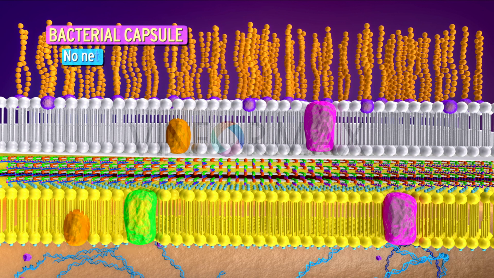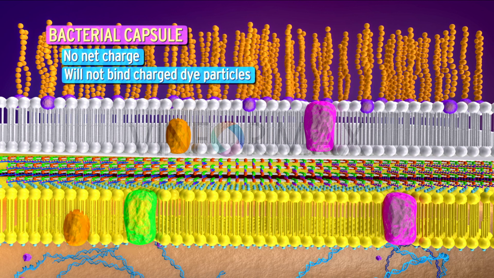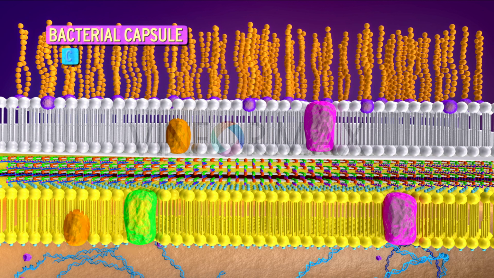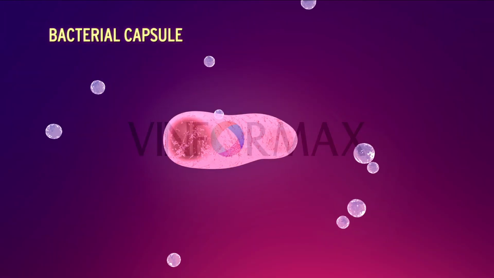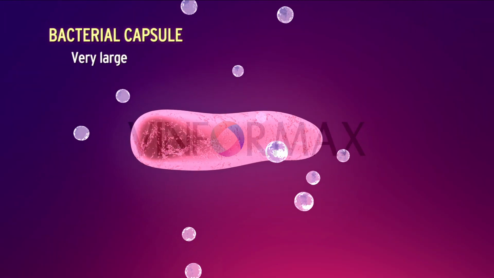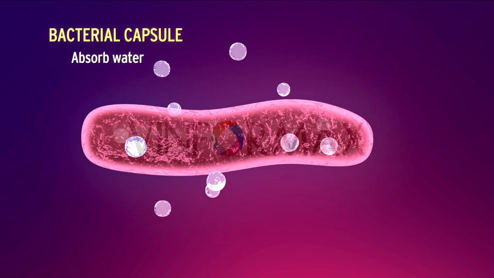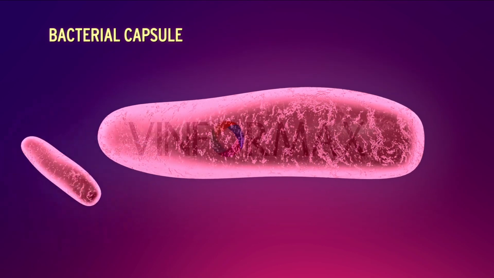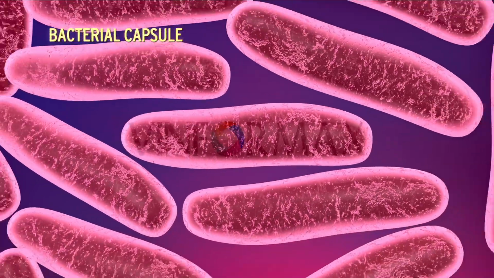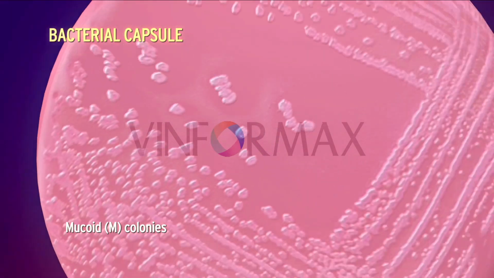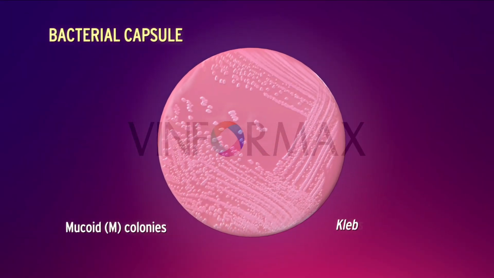They have no net charge and will not bind charged dye particles. Hence, they cannot be stained. Some capsules are very large and absorb water, forming mucoid colonies. Example, Klebsiella pneumoniae.